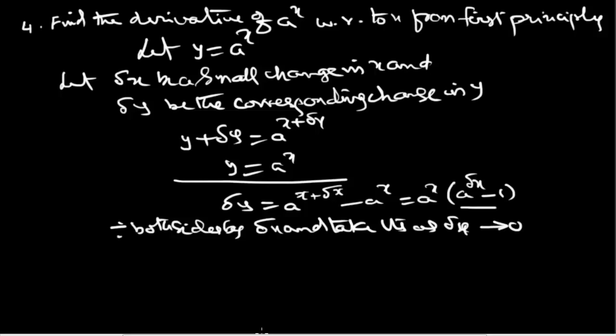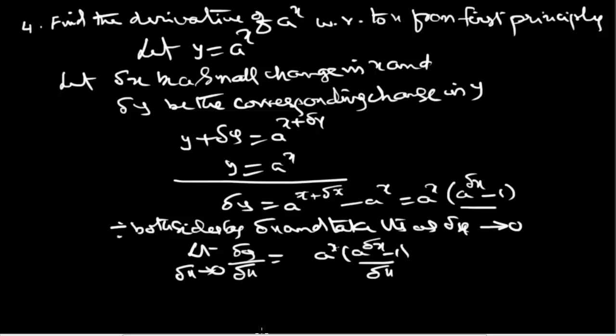So now we write delta y by delta x is equal to a power x into a power delta x minus 1, by delta x, with the limit delta x tending to 0 on both sides. By convention, this value is dy by dx, equal to a power x as it is, into log a. Why?